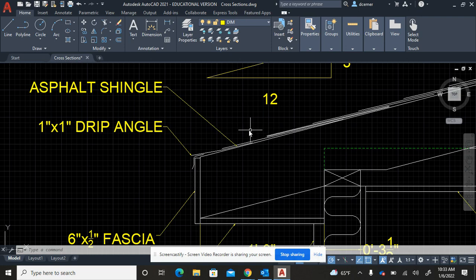They are also overlapping each other. And there is the 1 inch by 1 inch drip angle at the very edge of the entire eave right there. So those are all of the subtle details that I wanted to cover.